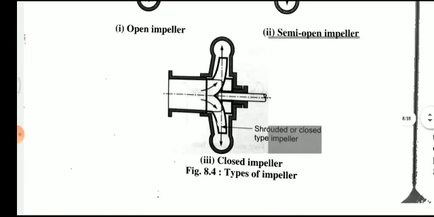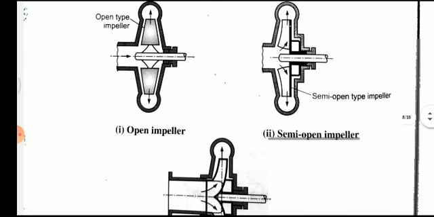And the bottom one is the shrouded or closed type impeller. The main difference in the impellers that we can see is that the open impeller is shaped like triangle sections, whereas the semi-open is half.